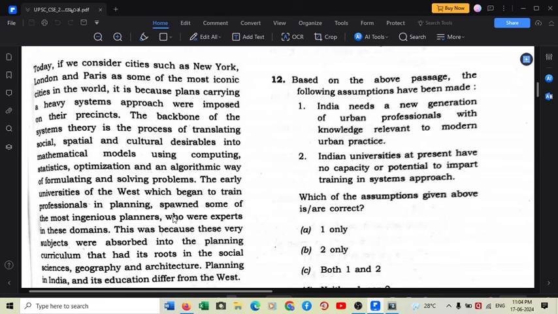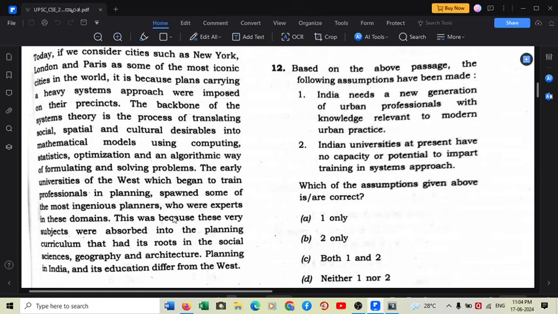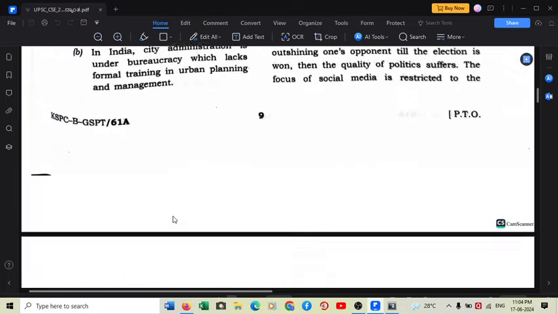The backbone of the systems theory is the process of translating social, spatial, and cultural desirables into mathematical models, right? And then the author is also talking about computing, statistics, optimization, and an algorithmic way of formulating and solving problems, right? So definitely this seems okay.